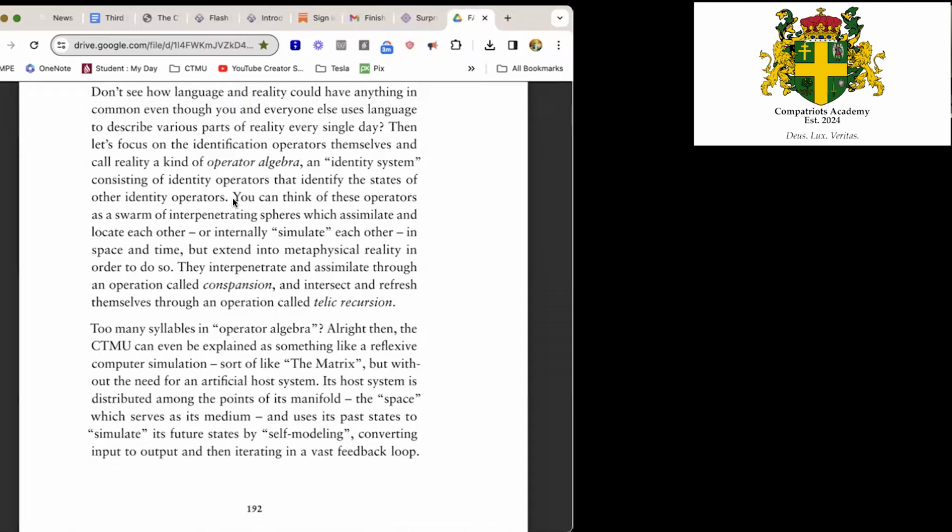Everything engulfs everything else's rules and structure, and they are constantly reconfiguring, and it looks kind of chaotic from the inside, but they're ordered by these global dynamics, which assimilate and locate each other or internally simulate each other. So that's what I meant.